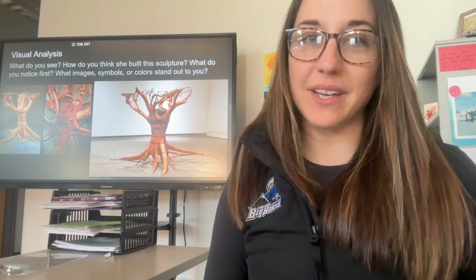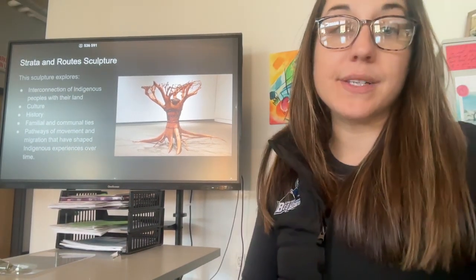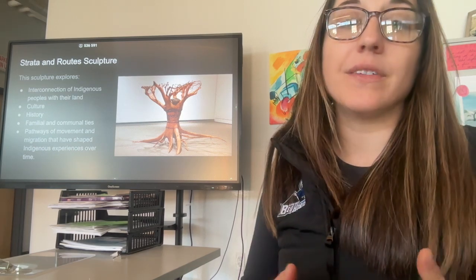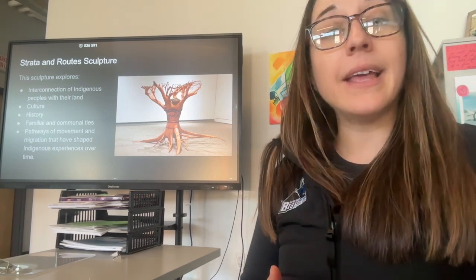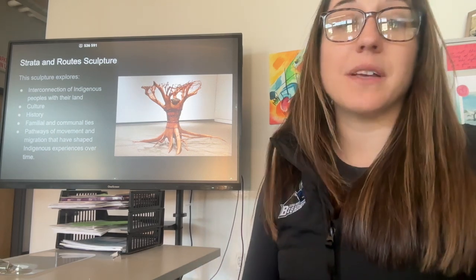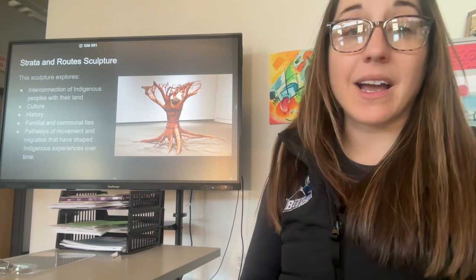So after students have shared, I will go on to talking about our artist's intent. So in this family tree sculpture, Mary Longman's looking at the interconnection of Indigenous people with their land and their community. It also talks about her family history and her communal ties.